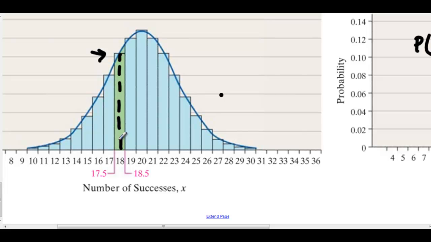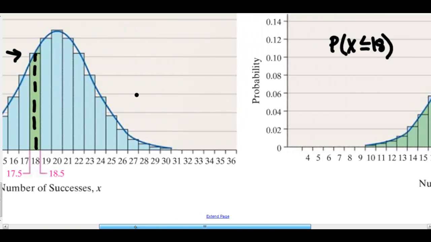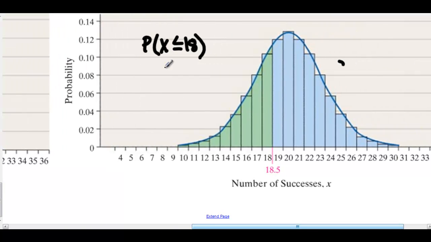Well, now we want everything less than or equal to 18, so we're going to include that top number and then go all the way back. So we're actually going to include that 18.5. So if we want to be less than or equal to 18, instead of us doing this from 18, we've got to bump up 0.5 and get to 18.5 and then figure out all the area underneath the curve.